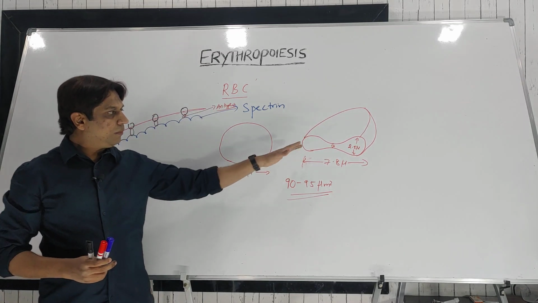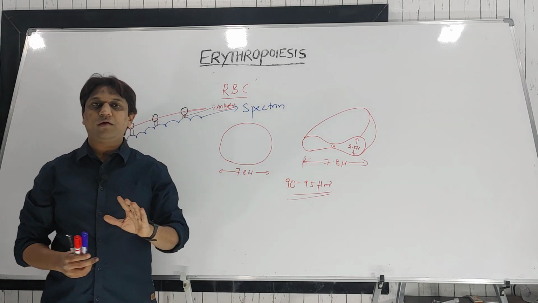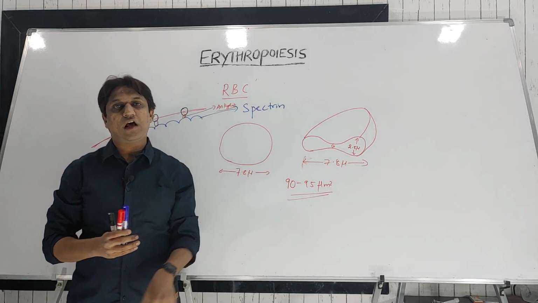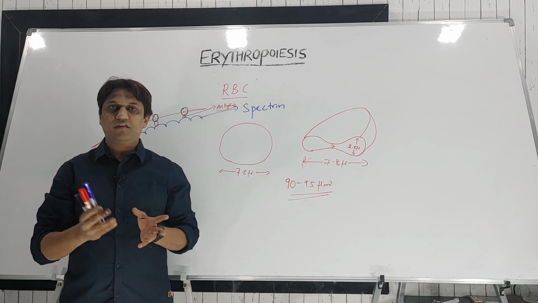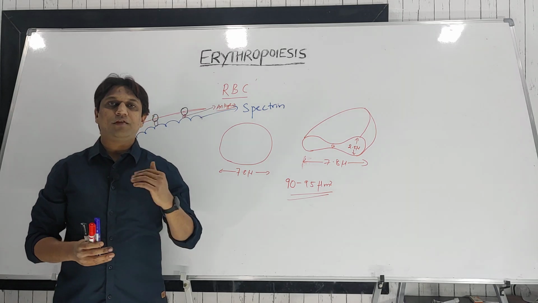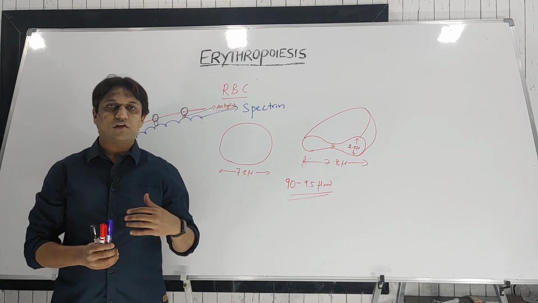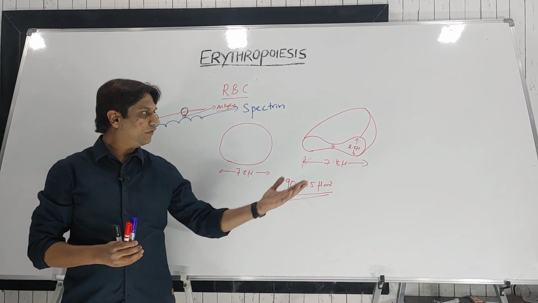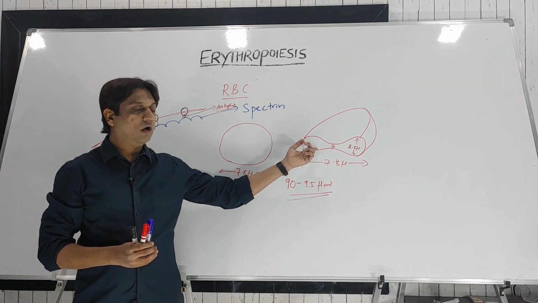Another one is that, because of this biconcave shape, the surface area of the RBC is more as compared to the volume of an RBC. As you know, the main function of an RBC is transport of gases, that is transport of oxygen and carbon dioxide between the lungs and the different cells and tissues. It supplies the oxygen.